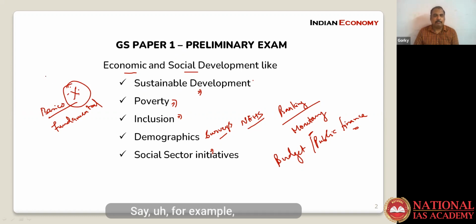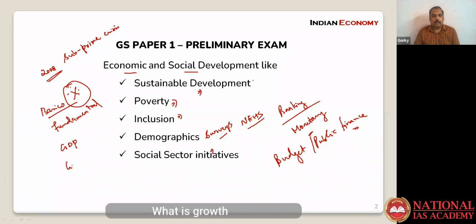Say, for example, in 2008, there was a huge meltdown in the global economy. We call it a subprime crisis. Probably you would have come across it. In this subprime crisis, there were many things which were learned by the people, but they made the question very simple. What is GDP?